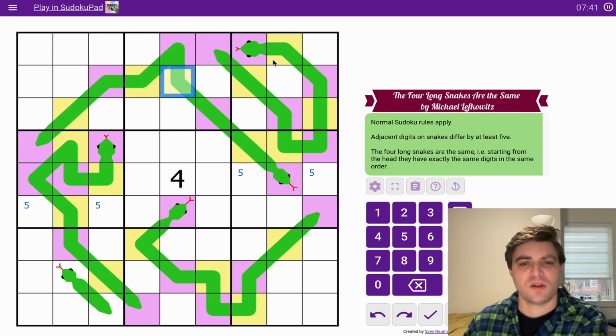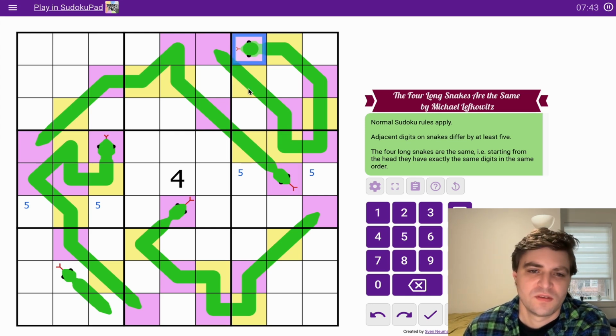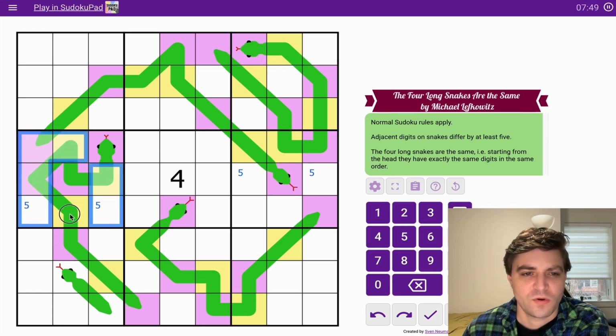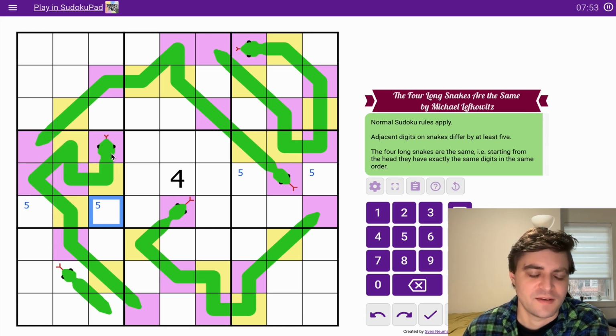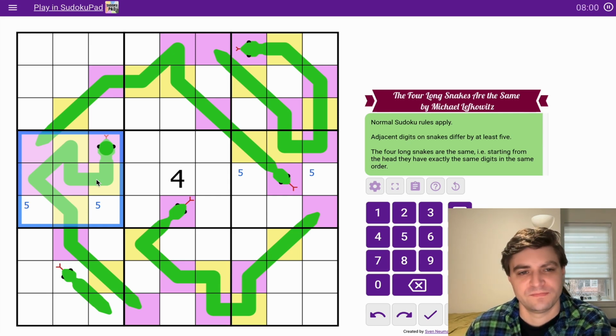I just have to figure out where I want to start. Where does a 4 need to go in this region? Do I want to use 4 at all? Probably not. Where does a 9 need to go in? Where does a 4 need to go in this region?